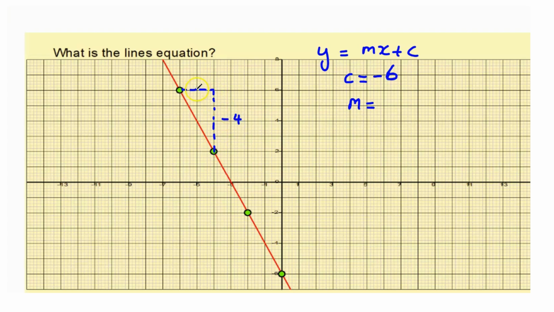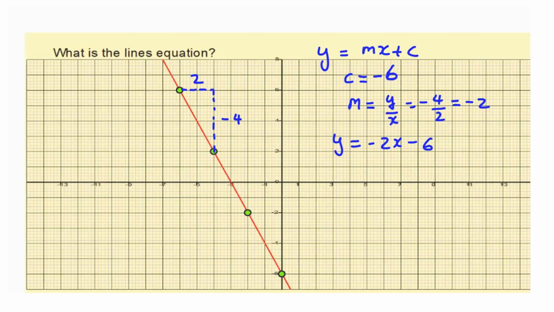And the change in x here would be 2 units. So the gradient is the change in y over the change in x. The change in y here is minus 4 and the change in x is 2. So the gradient is minus 2. So we can write our equation then as y equals minus 2x minus 6.